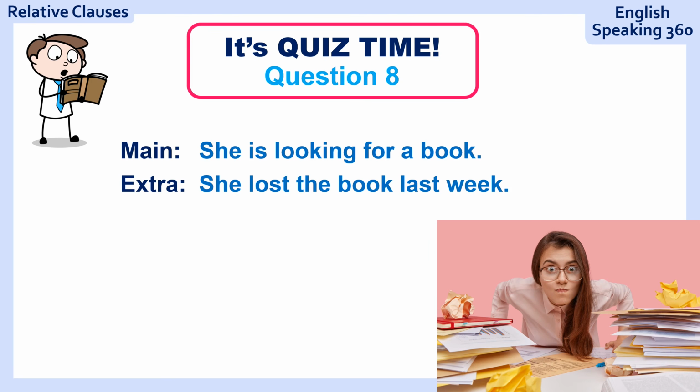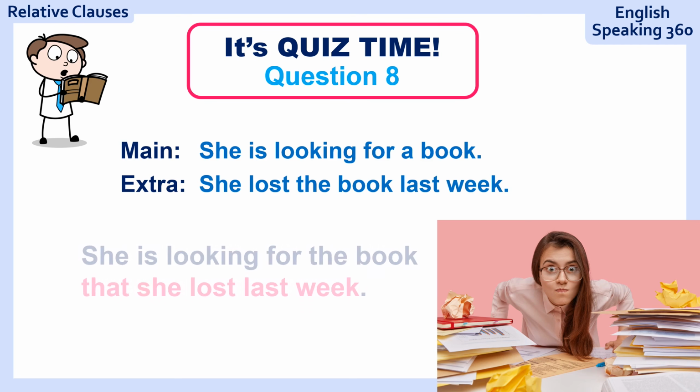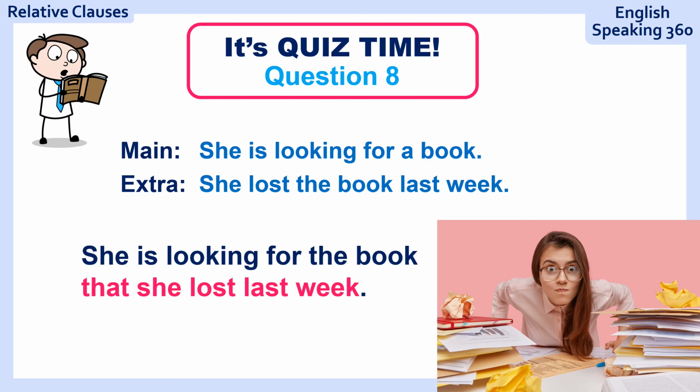Number 8. She's looking for a book. She lost the book last week. This one is a bit tricky. Ready? Let's do it. She's looking for the book that she lost last week. So until now, in the whole video, we have seen that the relative clause was inserted in the middle of the main clause.